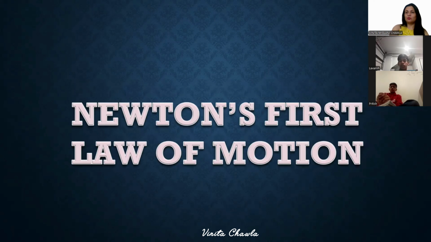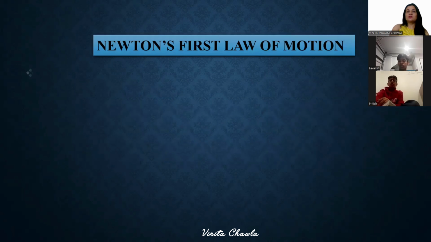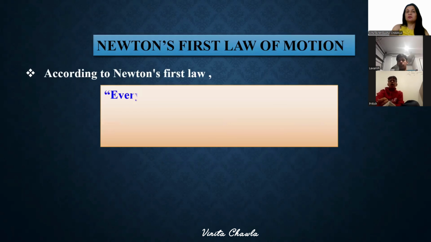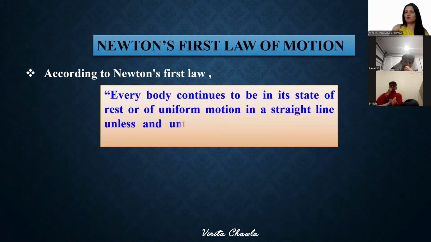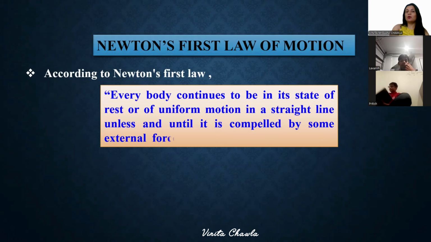So next is Newton's first law of motion. Please write the heading in your notebook. Newton's first law of motion states that every body continues to be in the state of rest or of uniform motion along a straight line unless or until it is compelled by some external force to change the state.